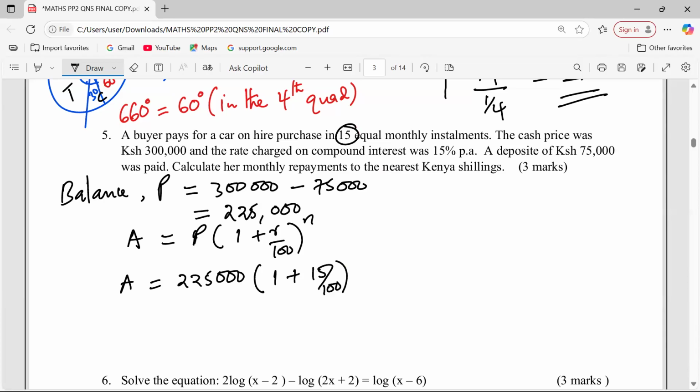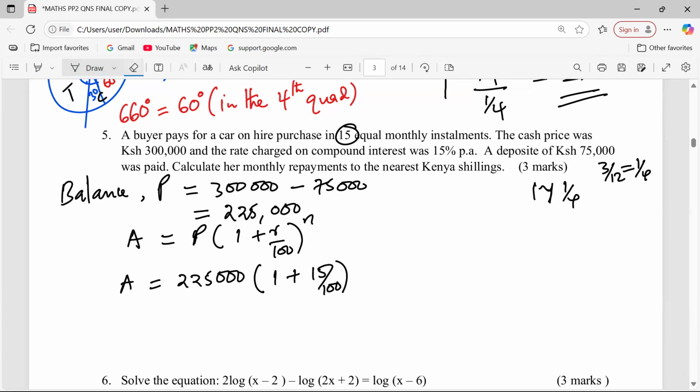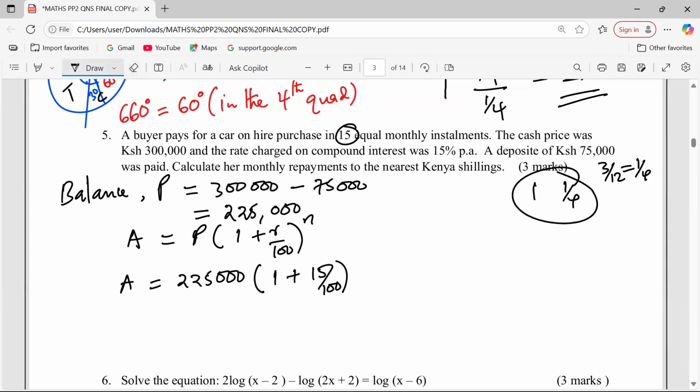Then 15 months is 1 year, and 1 year is 12 months, and 3 over 12 is just a quarter. So it is 1.25 years, because it is 12 months and another 3 months.